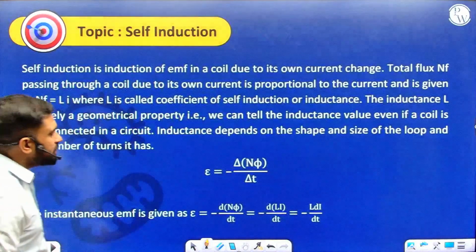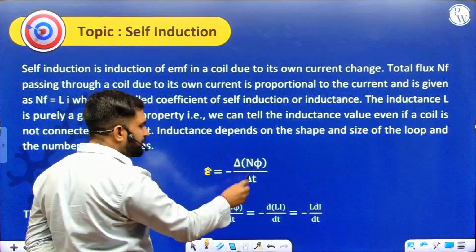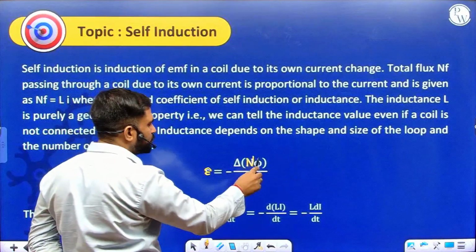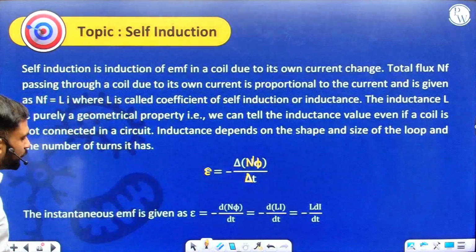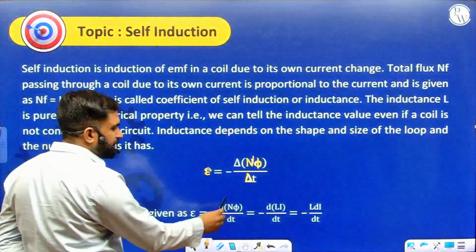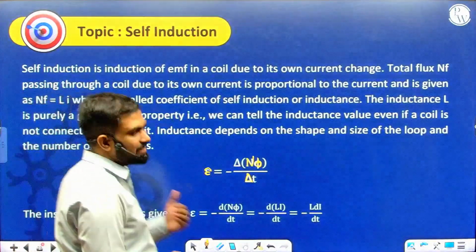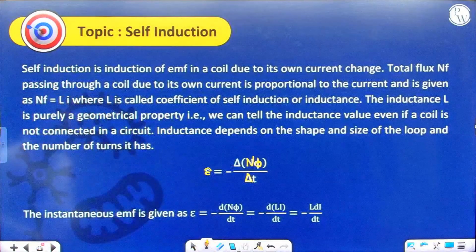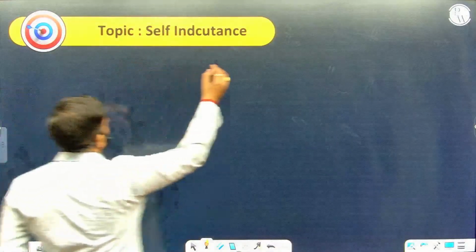So the induced EMF, we all know, will be minus d phi by dt. N is the number of loops and phi is flux. Okay. So induced EMF is minus d phi by dt. Now, how to write the self-induction or the self-inductance? It's a property associated with a loop, first of all. So what is self-inductance?